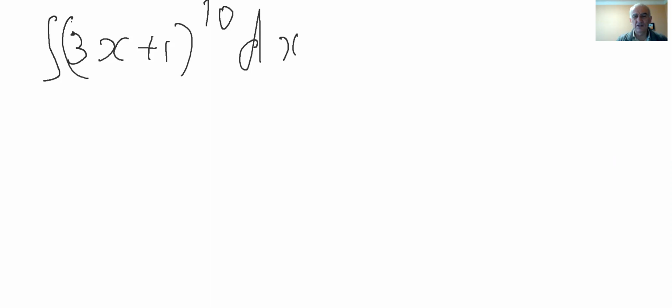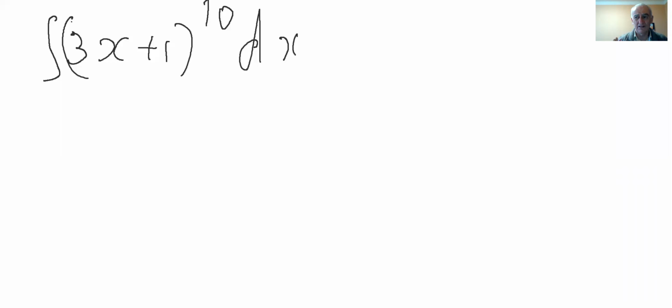But it's not always possible. The problem is that, for example, for derivatives we have many formulas. We have a formula for the derivative of a product of functions, and the derivative of a quotient of functions.